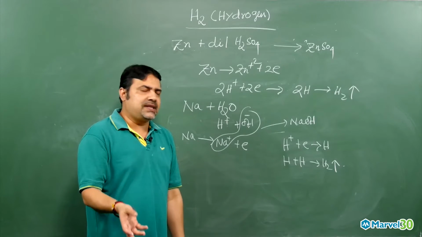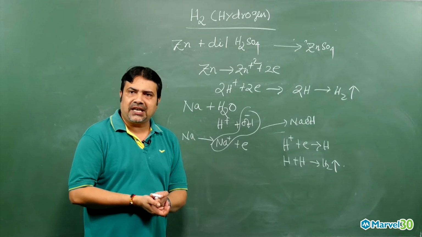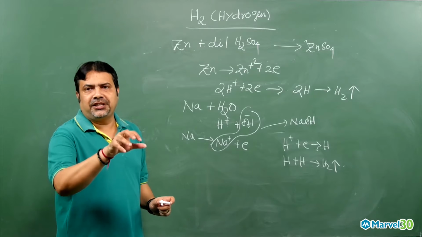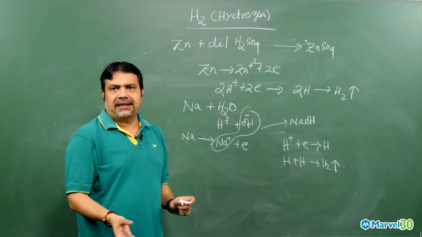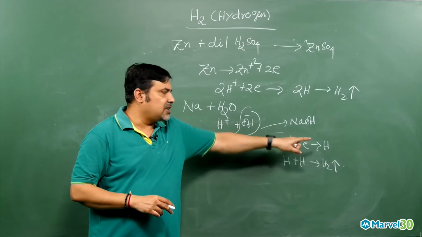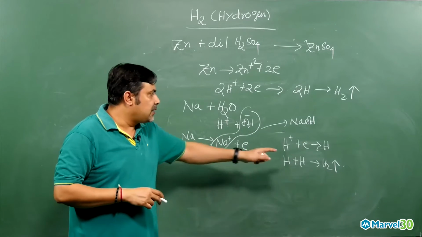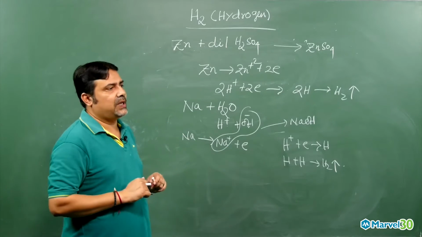When they do not lose the electron, then H plus cannot easily accept the electron and convert to a hydrogen atom. The reaction will be slower. To enhance the reaction, you have to apply heat. When you apply heat, the less electropositive metal will lose the electron faster. Then only H plus can accept the electron and convert to a hydrogen atom, and the 2 hydrogen atoms can combine to form the hydrogen molecule. So, this is the basic idea you have to understand over here.